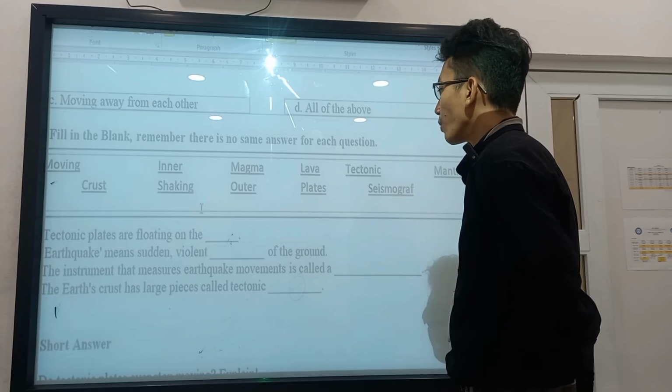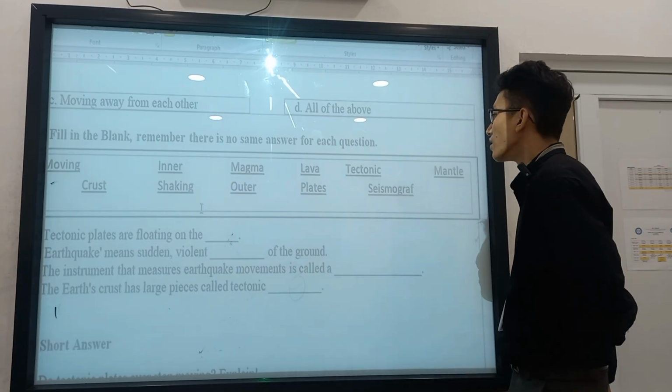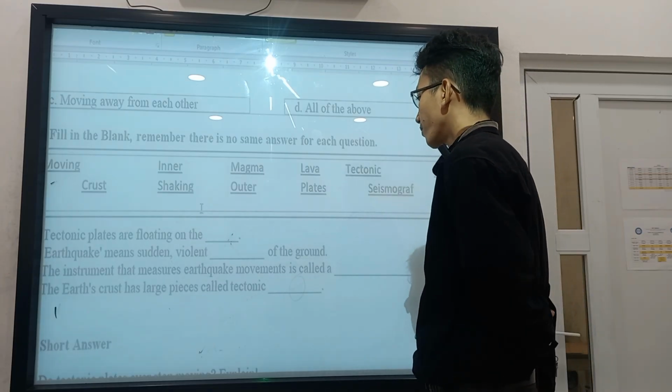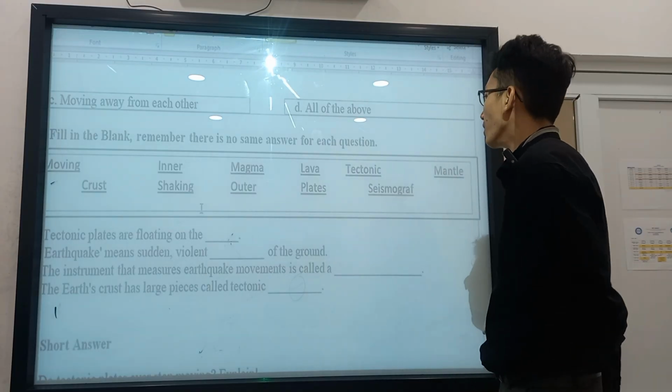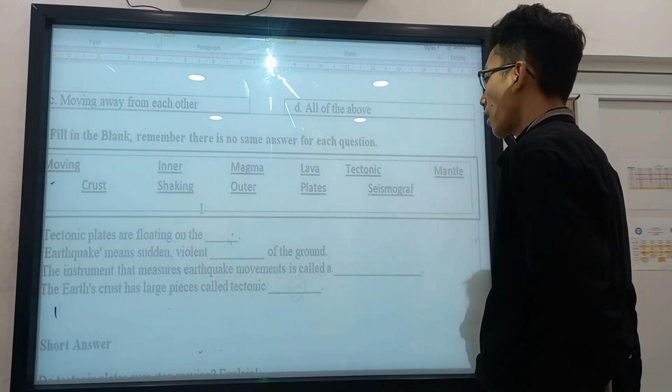Earthquake is a sudden, violent shaking of the ground. And after that, the instrument that measures earthquake movement is called a seismograph.